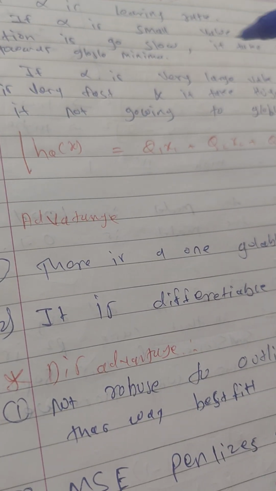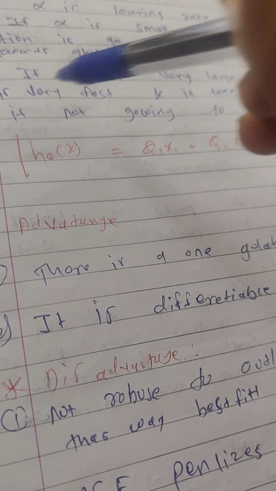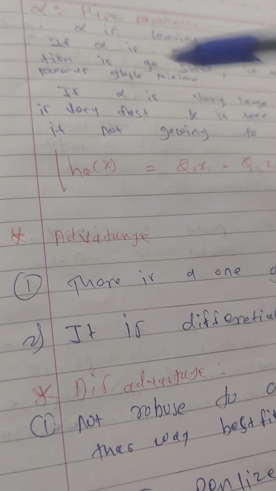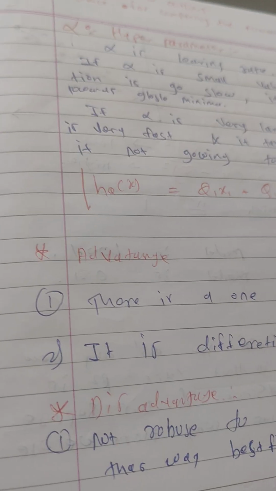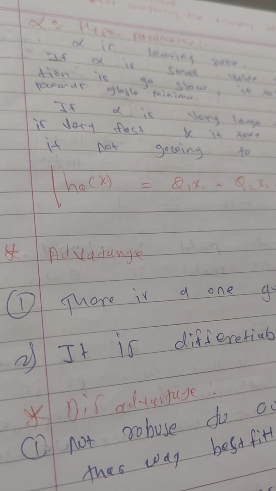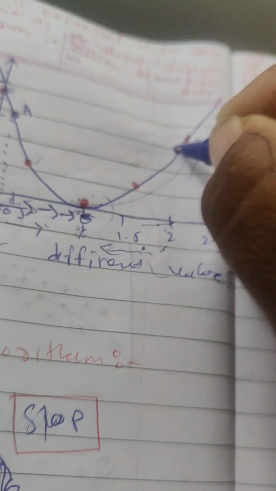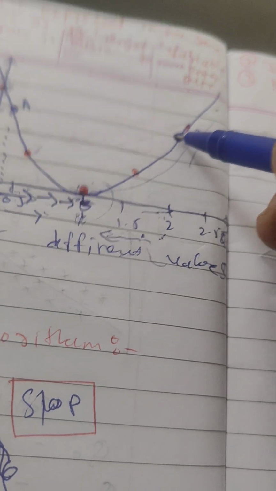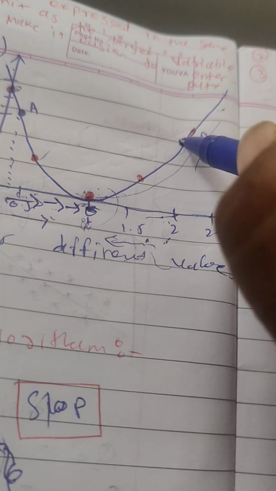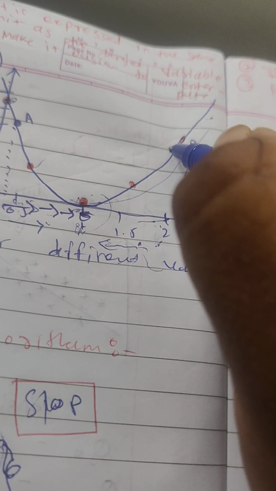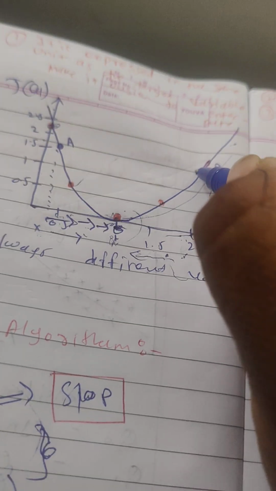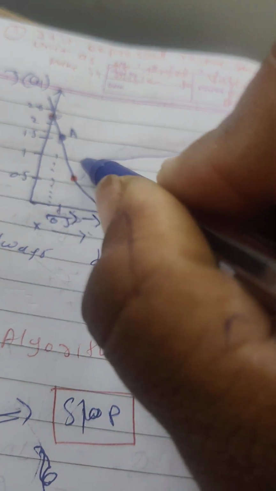If alpha is a very large value, then convergence is very fast. If convergence is very fast, it takes huge steps, and it does not reach the global minima. Let's consider this in the graph. For example, here we start from point B. If you take a huge number for the learning rate, then it goes in this direction.